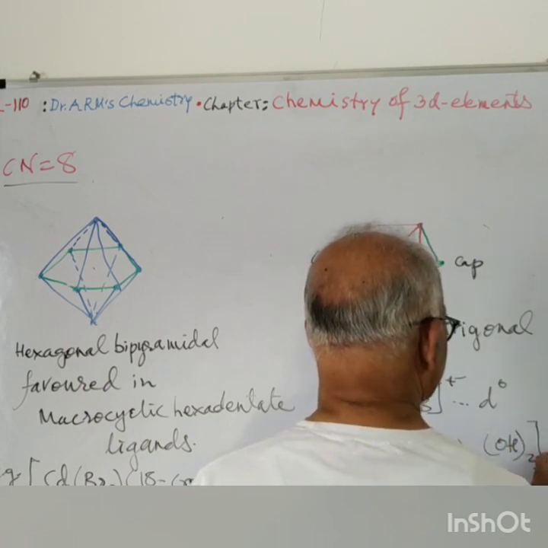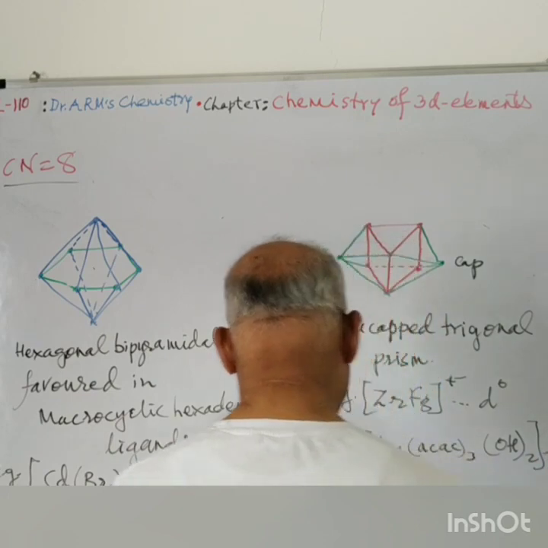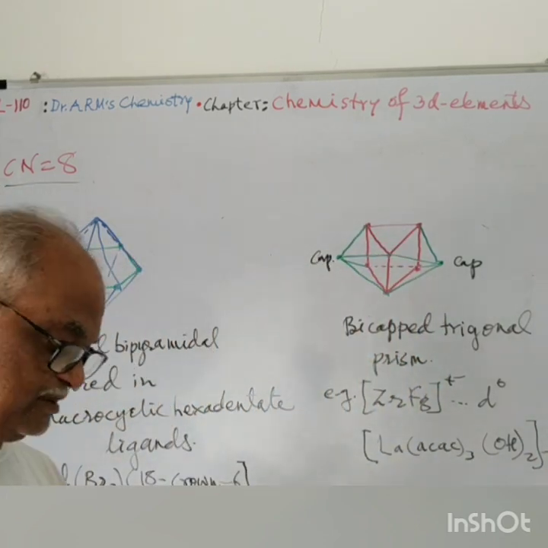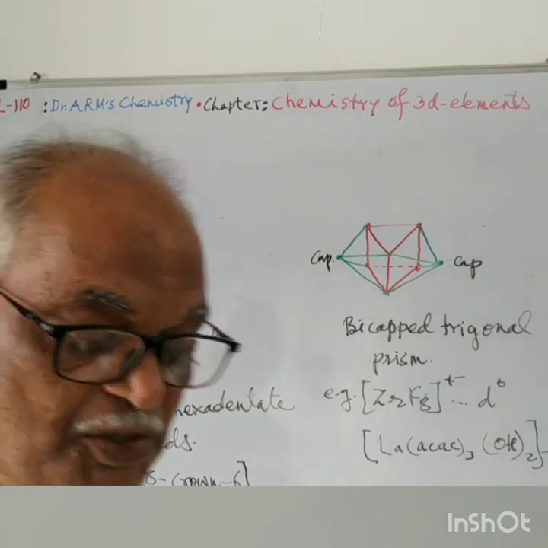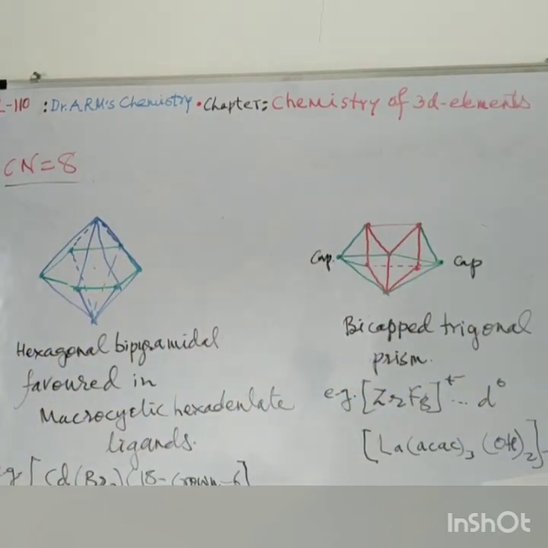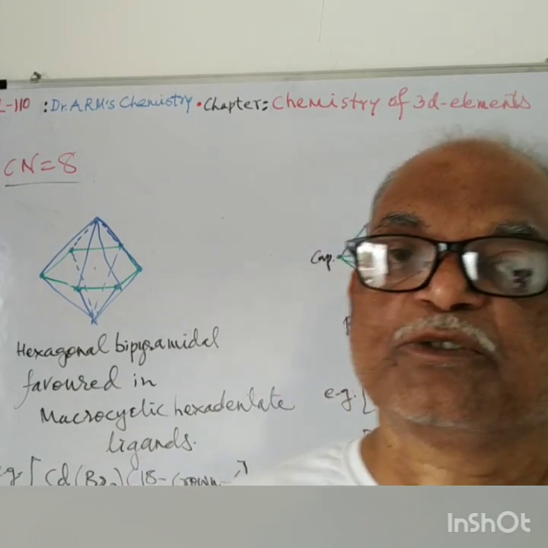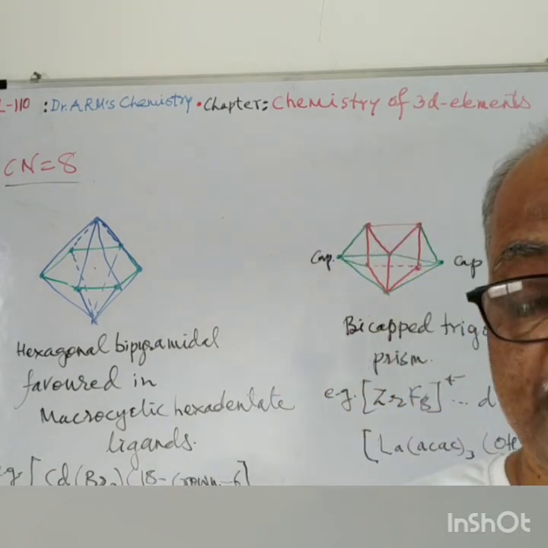So this is d0 configuration. So these are the examples of these specific structures of the complexes with coordination number 8.